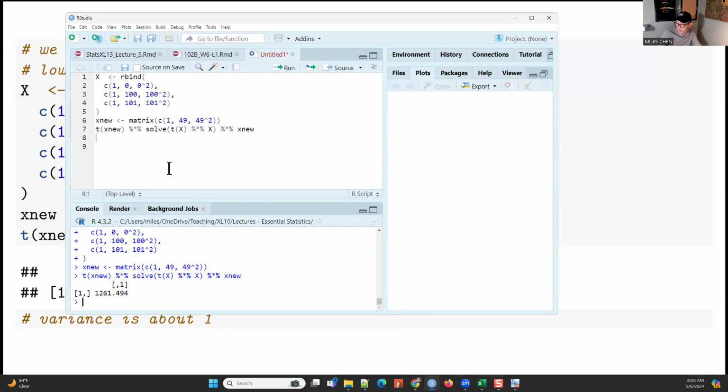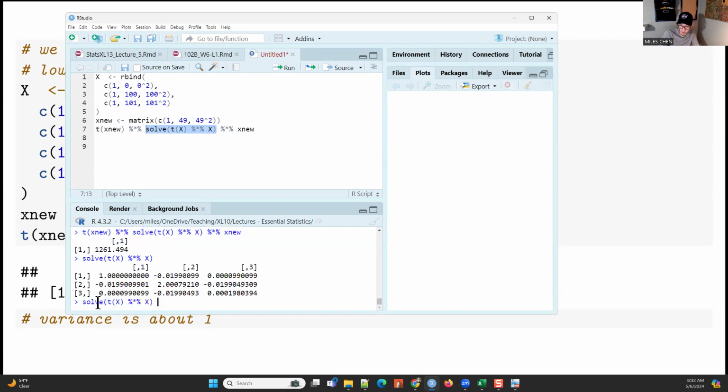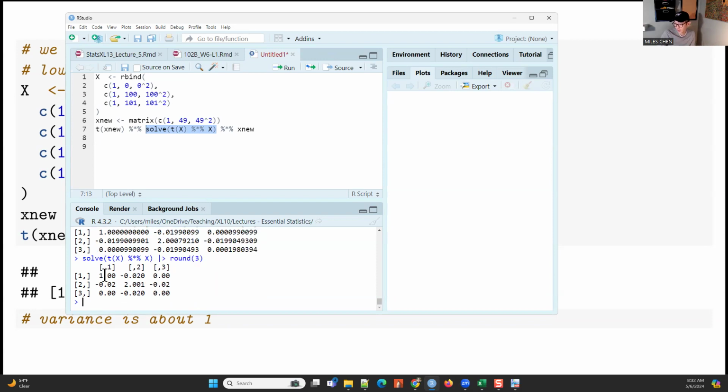So again, what is X transpose X inverse? Somehow this thing, 1, negative 0.20 and negative 0.02, is able to take into account that if you plug in values around 50, it ends up huge, whereas values around 100 end up being small.